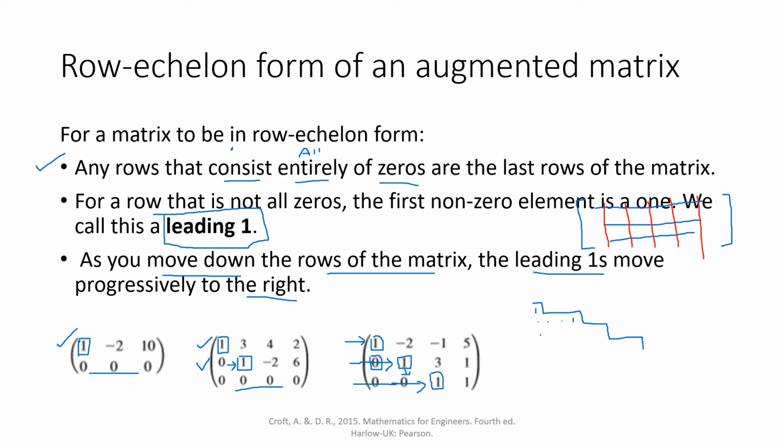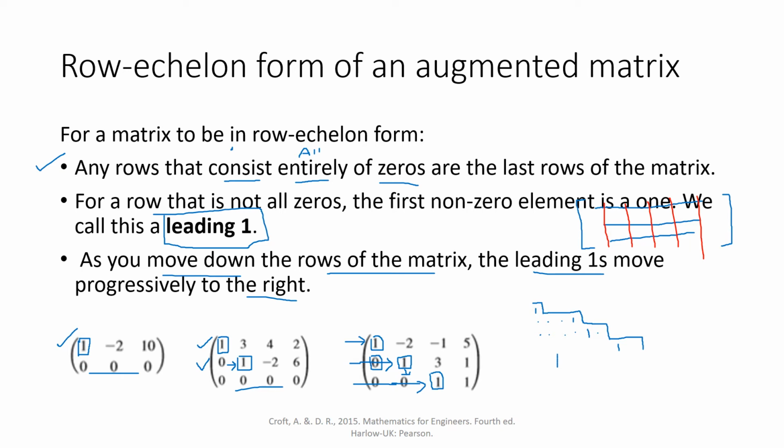Then after this there should be 0, 0, 0, and then there can be another leading one. So the more we come down, the leading one will move to the right. At the same time, when we are coming down, the leading one will jump to the right.